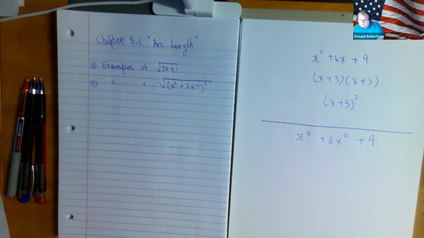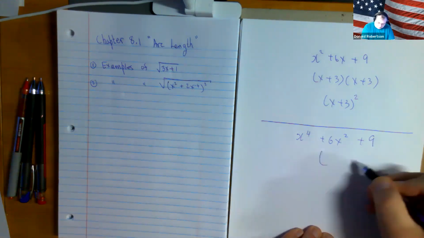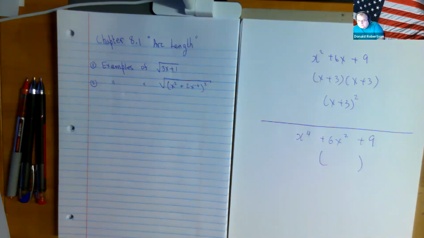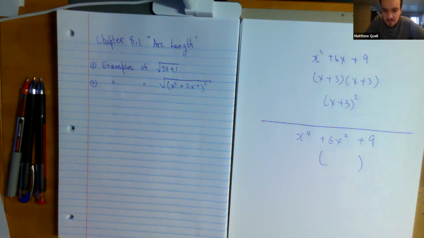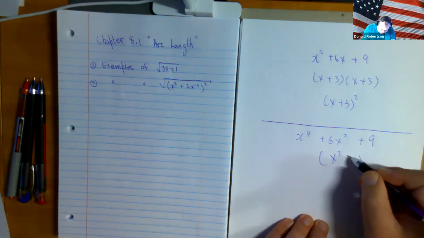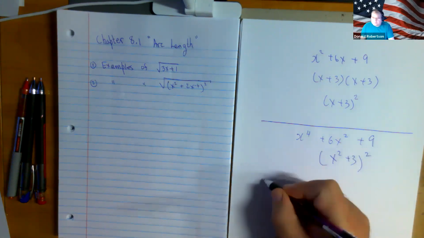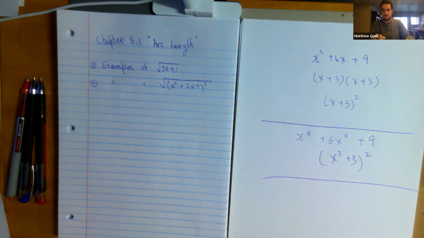That is a perfect square. What is it? Any volunteers? X squared plus 3 squared. X squared plus 3 all squared. Yes. You see it now?